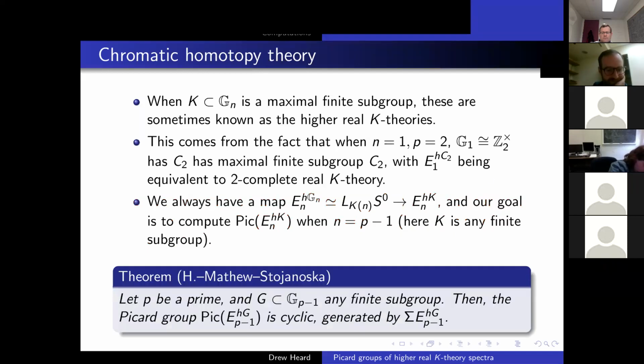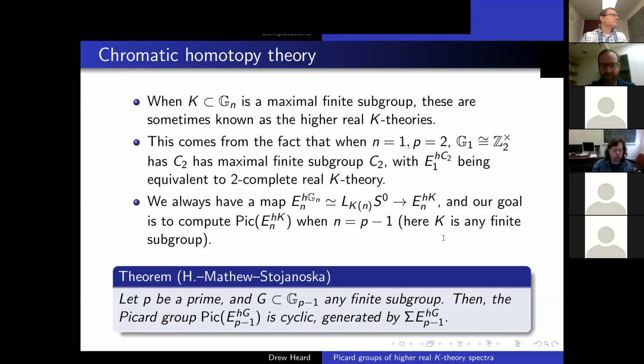So here's the punchline: we don't see anything interesting. If we pick a prime and let n equals p minus 1, and take any finite subgroup, it's known that the homotopy of these is cyclic, as we'll see, but the Picard group is just the suspensions of this.